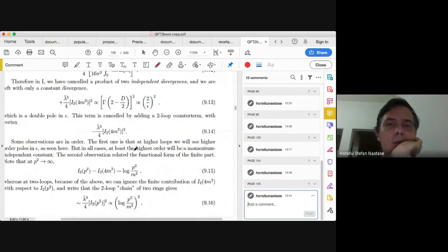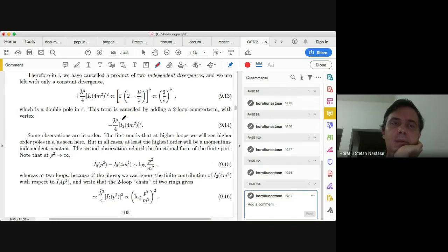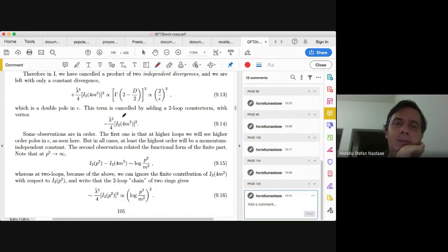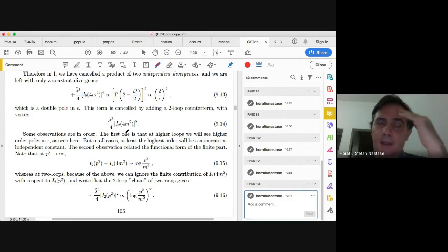So what we're left with is a correction to the intrinsic two loop counter term. This thing will be a vertex of the type 1 over epsilon squared multiplied by lambda tilde cubed. Lambda tilde cubed means two loop, and this correction is of the type 1 over epsilon squared.